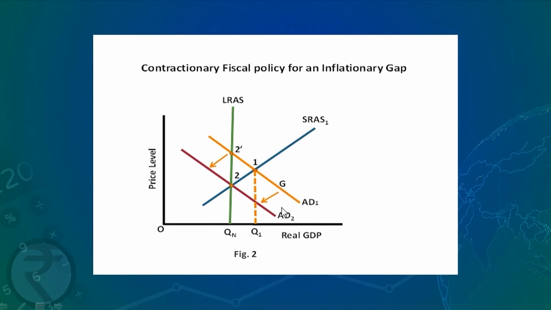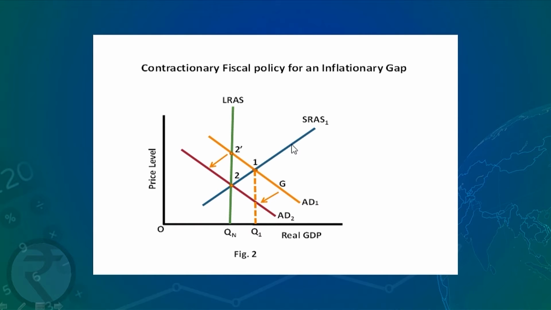Now, in figure 2, we have shown how contractionary fiscal policy can be used to control an inflationary gap. Again in figure 2, we have shown real GDP on the x axis and price level on the y axis. Aggregate demand curve AD1 is the initial aggregate demand curve and the short run aggregate supply curve is SRAS1.